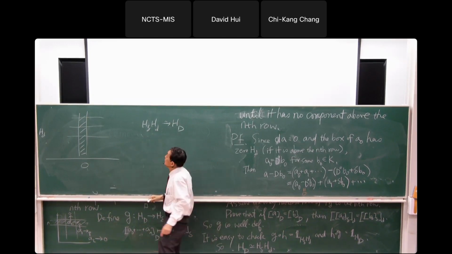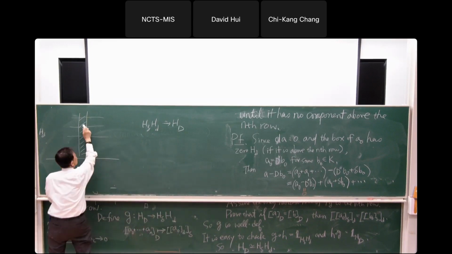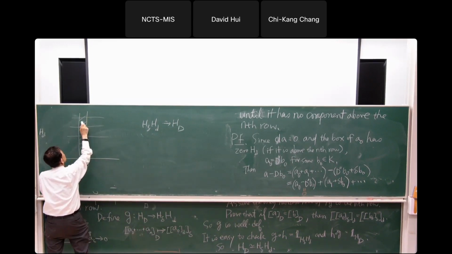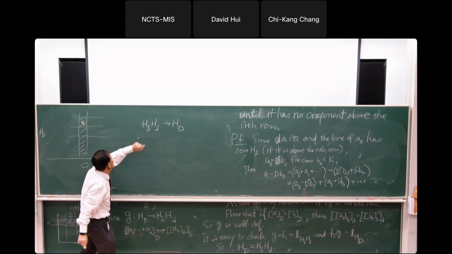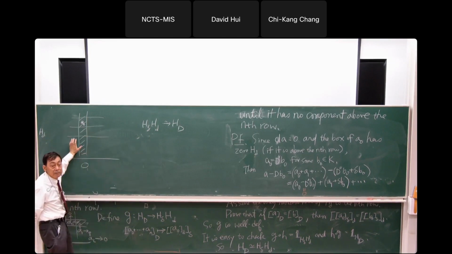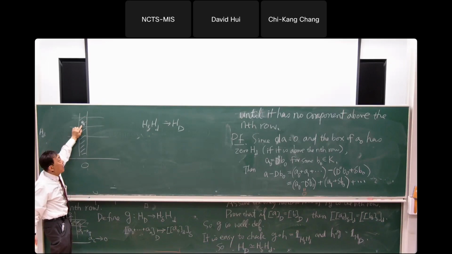Okay, so you will start with an element here, right? H delta HD will have only one non-zero column, and so you start with an element here.